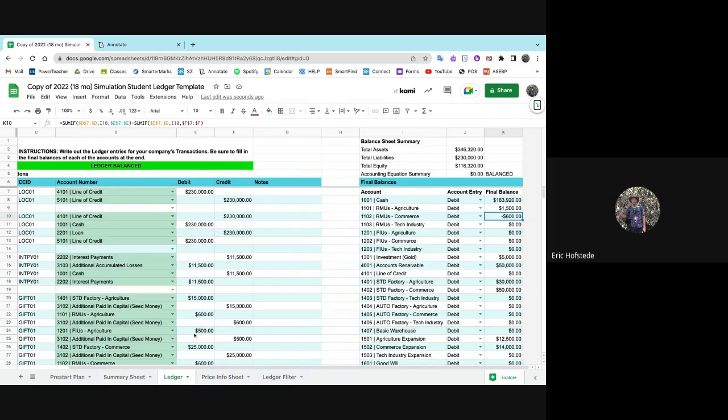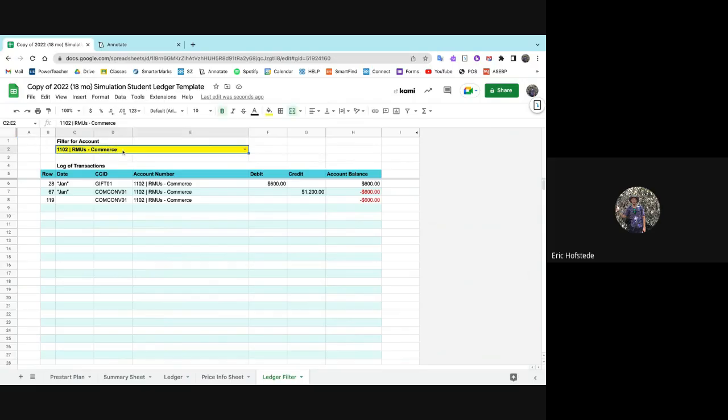So I had 600 for, may as well just give you a little tidbit. If you do run into an issue with something negative here, go into ledger filter, look at these commerce ones. Oh, it already was there for me. RMUs commerce. Why are we negative? Well, I started with 600.